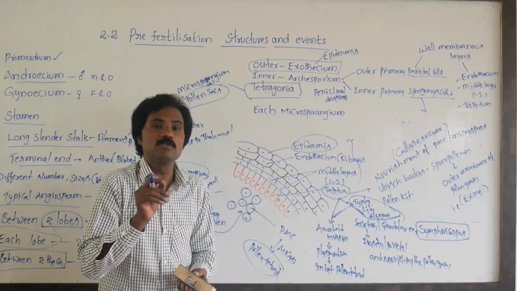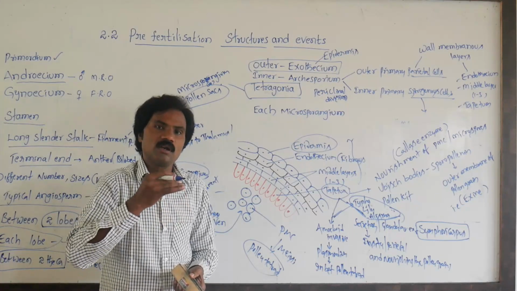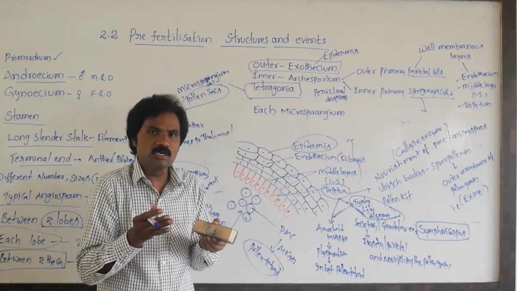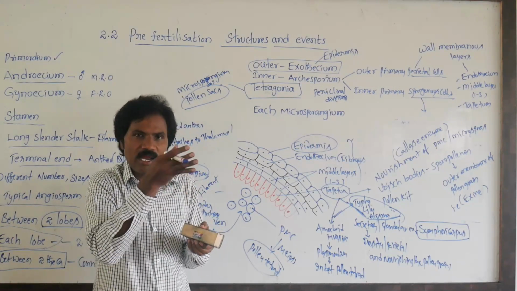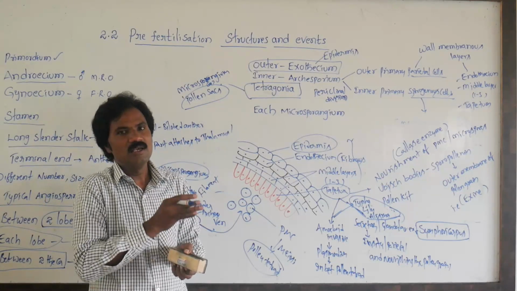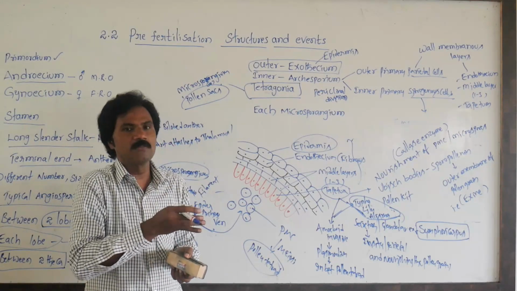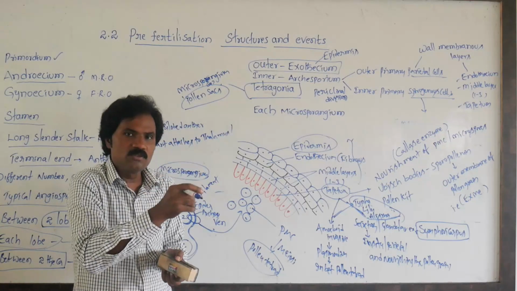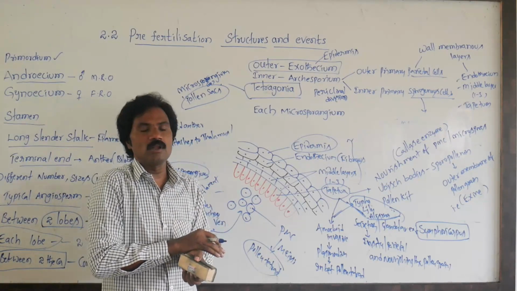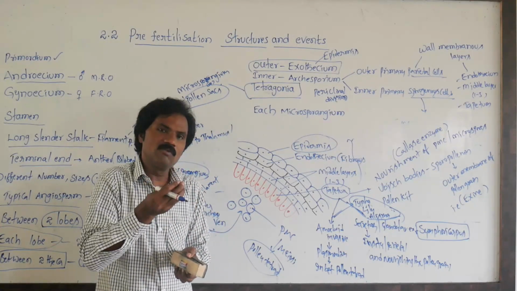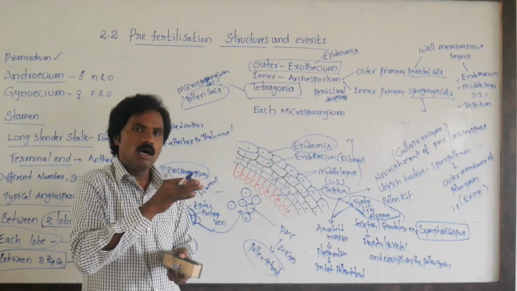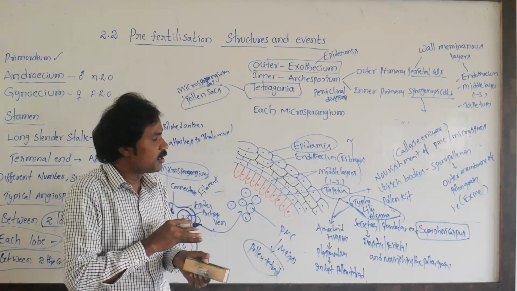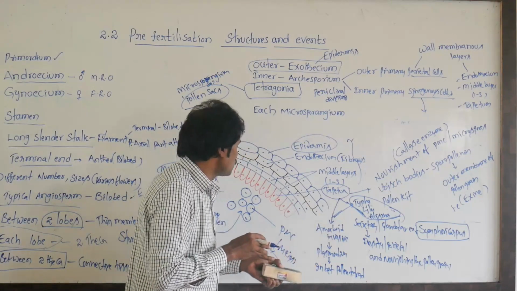Only the endothecium remains. Then after drying, it ruptures and dehisces periclinally. Other than the dehiscence region, those cells also degenerate normally after maturation.